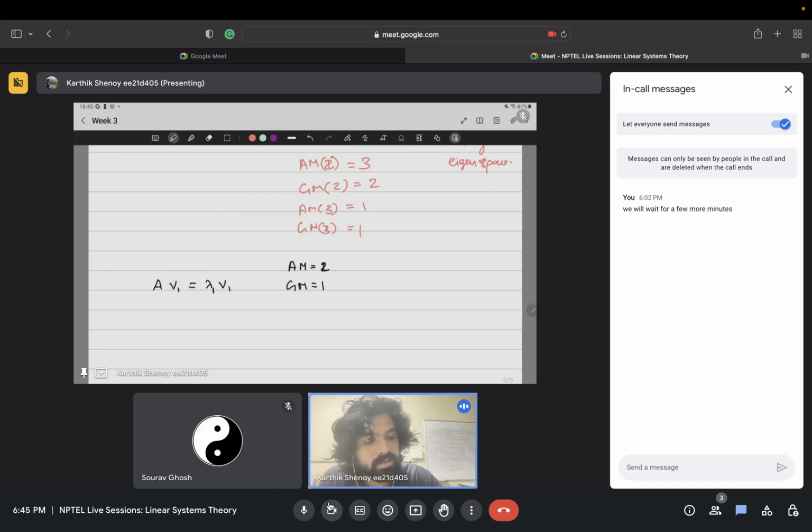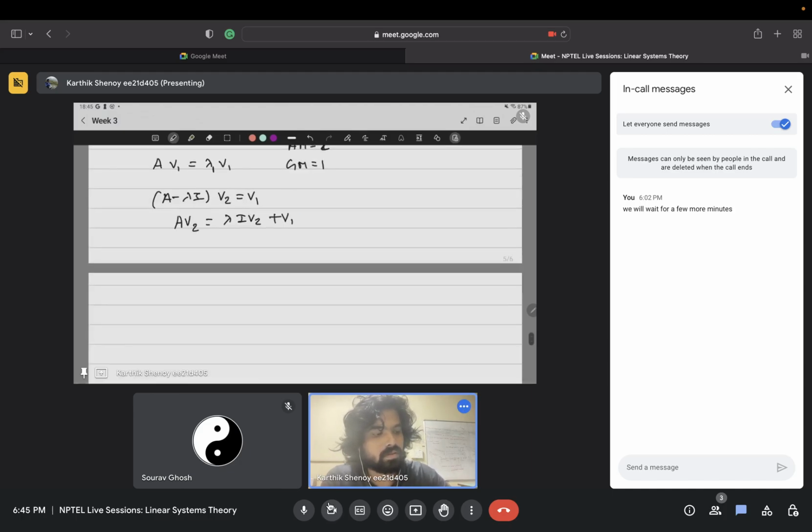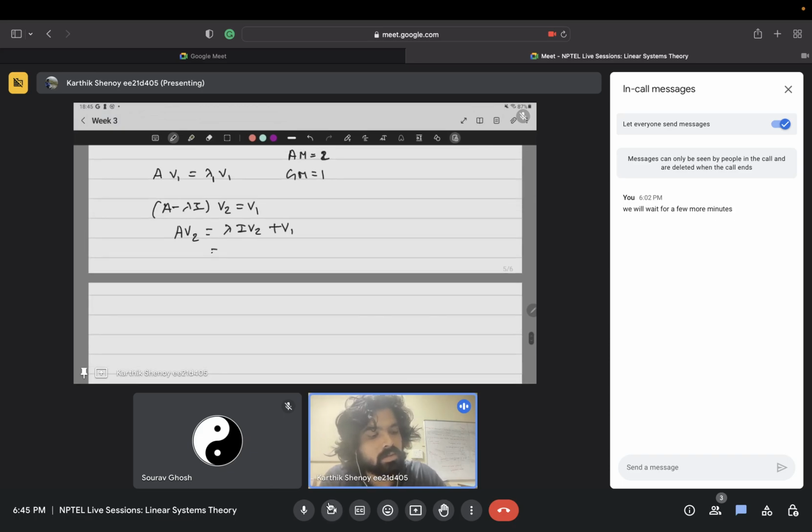What is my second equation? A minus lambda I times V2 equals V1. This is nothing but A times V2 equal to lambda I times V2, I am just expanding that out, plus V1. So this is nothing but lambda V2 plus V1, correct.